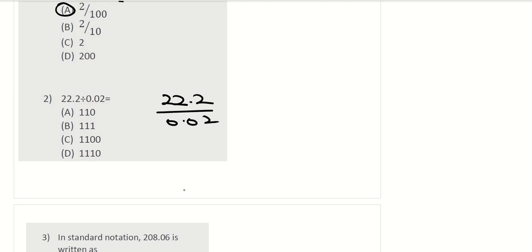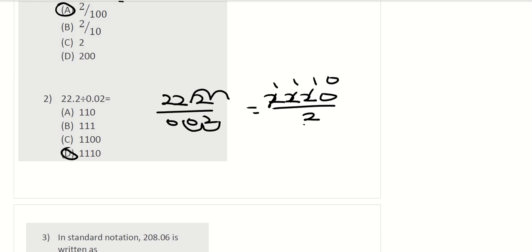We know that when dividing decimals, you make your divisor, the number underneath here, a whole number. You have to shift it 2 places. So if you shift this 2 places, you have to also shift this 2 places. So the number will be 2220 divided by 2. 2 into 2, 1, 2 into 2, 1, 2 into 2, 1, 2 into 0, 0. So my answer would be D.